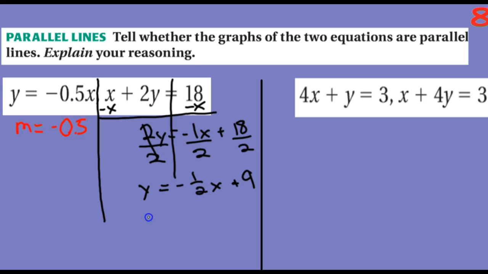Now, I'm looking for the m. My m says I have a negative 1/2. Now that can be written as a fraction or as a decimal as negative 0.5. Now remember, parallel lines have the same slope. These two have the same slope, so these two lines must be parallel.